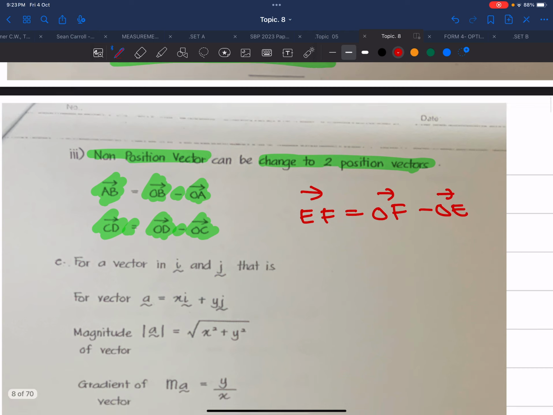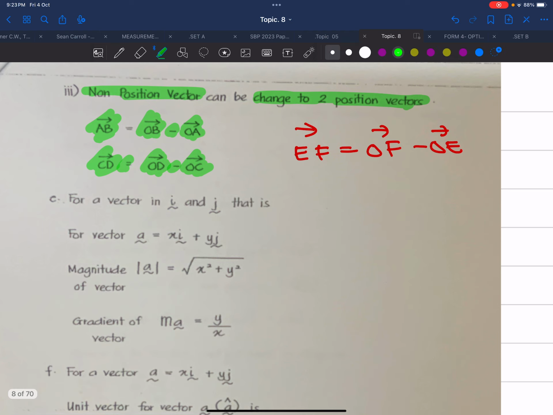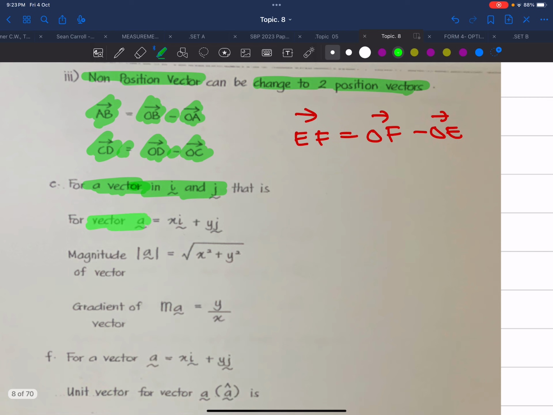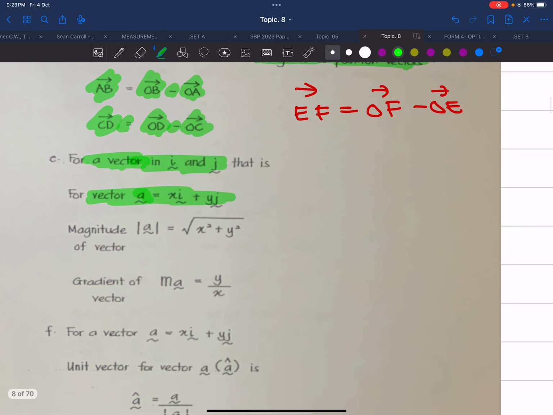Next, for any vector in i and j, for example, the vector A is xi plus yj. Remember, x and y are numbers. So if you are given a vector in i and j only, the magnitude of the vector, modulus A, by Pythagoras theorem, is the square root of x squared plus y squared.